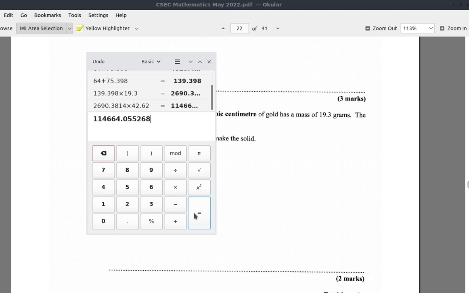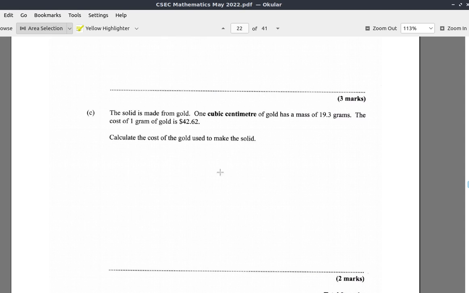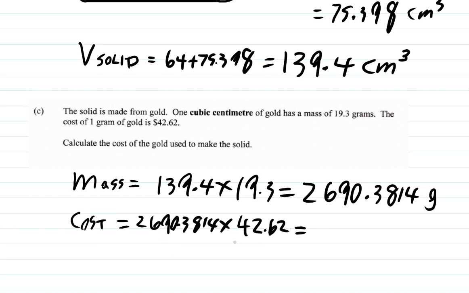Equals 114,664.05. So it's $114,664. Alright, 46 cents.